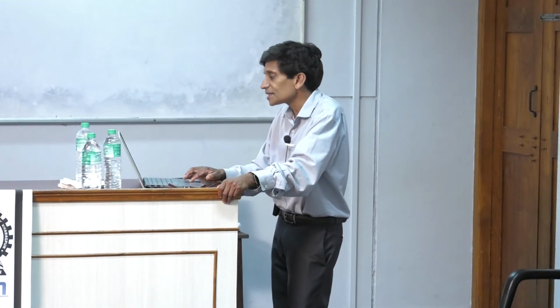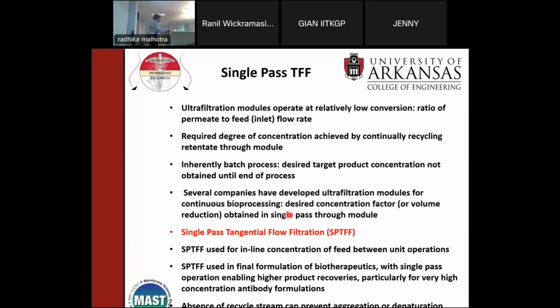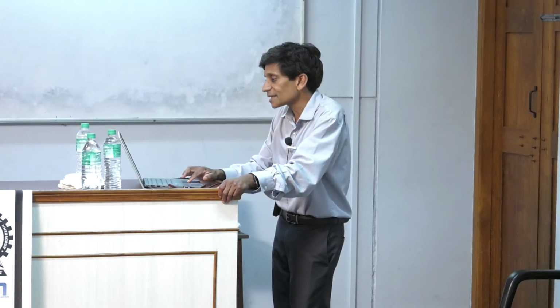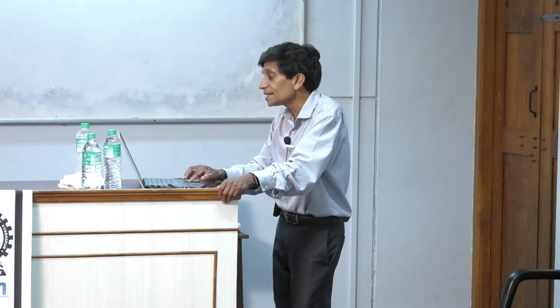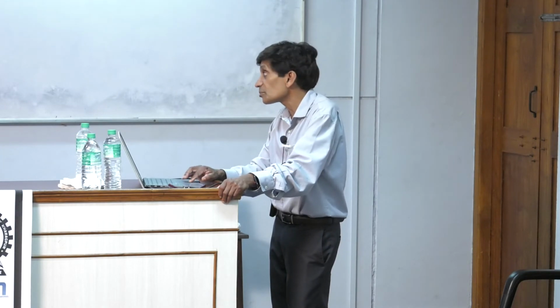Several companies have developed ultrafiltration modules for continuous bioprocessing, where the desired concentration factor or volume reduction is obtained in a single pass. So this is quite interesting. So instead of having to recycle, in one pass you get to the concentration you want. So single pass tangential flow filtration, or SPTFF, is used for inline concentration of feed between unit operations.